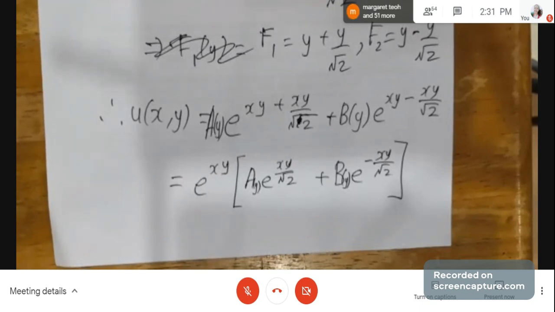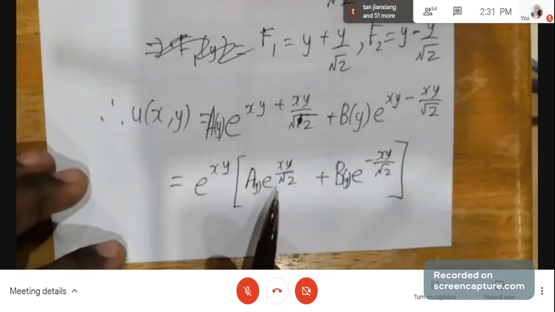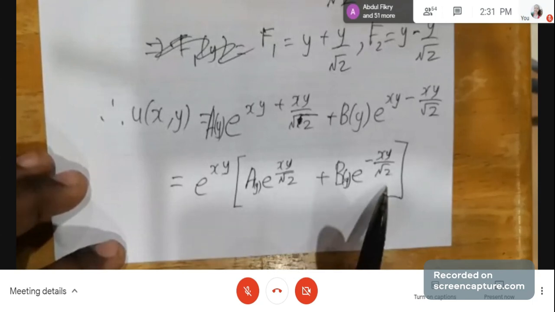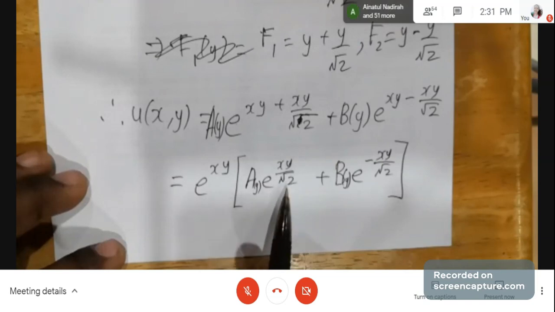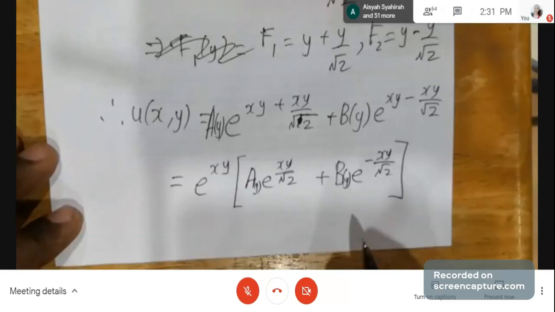cos and sine. So you know the cos is a linear combination of e to the power of xy over square root 2 and e to the power of negative xy over square root 2. Sine also is a linear combination of e to the power of xy over square root 2 and e to the power of negative xy over square root 2.